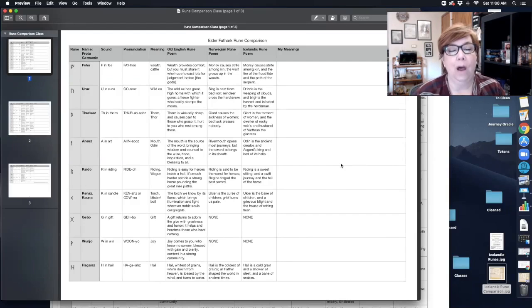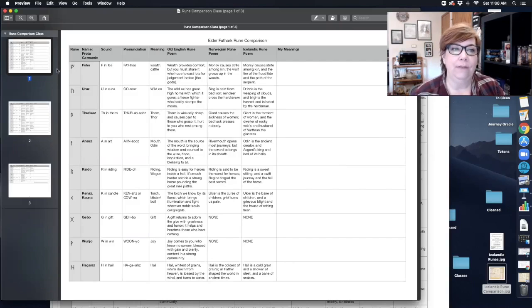So for me personally, in any attempt of tapping into an old system, I like to get as best I can how they might have been interpreted as far back as possible, and that is my base, right? That is the starting point, so that then I can add my own experience on top of it. But I like to start with the furthest back that we have.